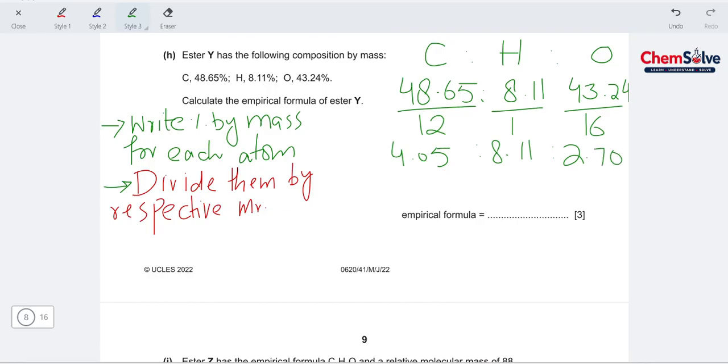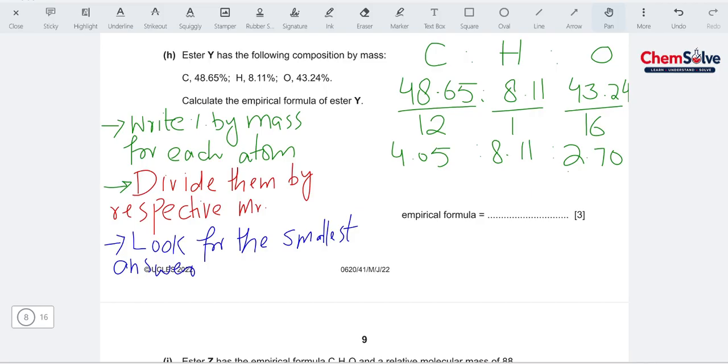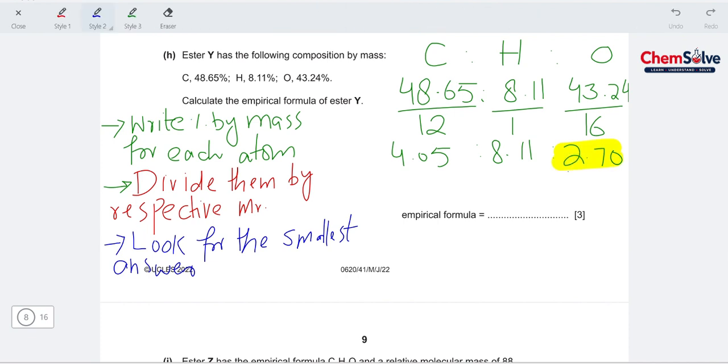Now I have to do the third step, and for the third step, look for the smallest answer. So what is the smallest answer here? You can see the smallest answer is 2.70. So I will divide everything by 2.70.